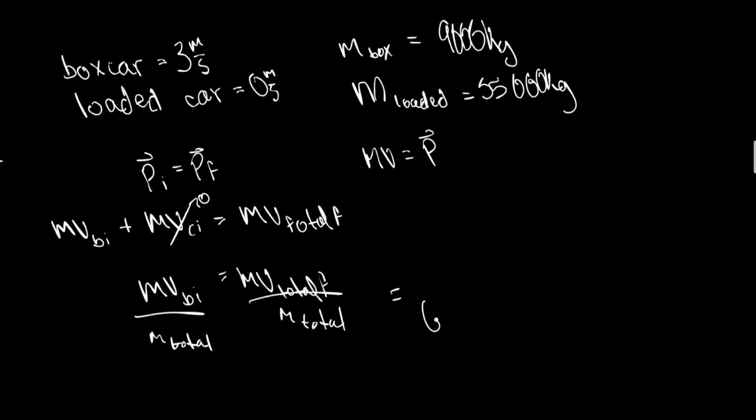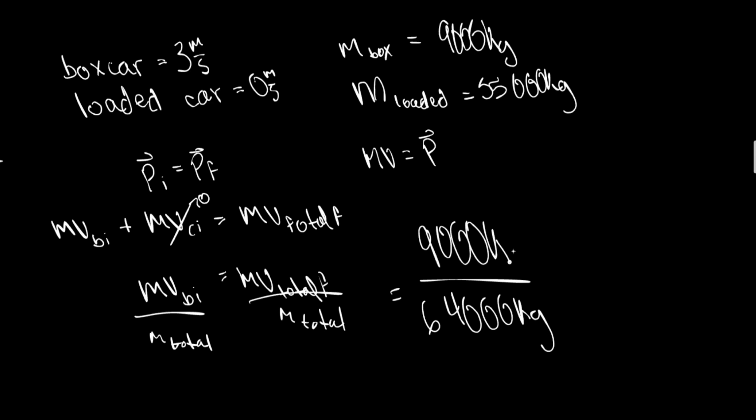This is going to be 64,000 kilograms over the mass of the boxcar, which we said was 9,000 kilograms, times our initial velocity of the boxcar, which is 3 meters per second. And we can plug this into a calculator.